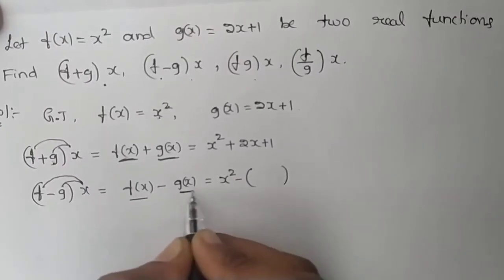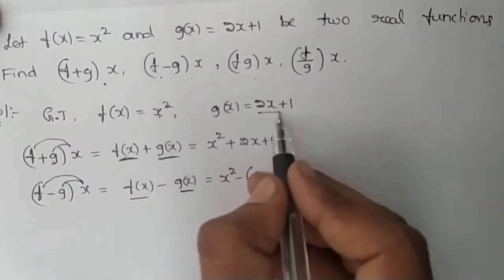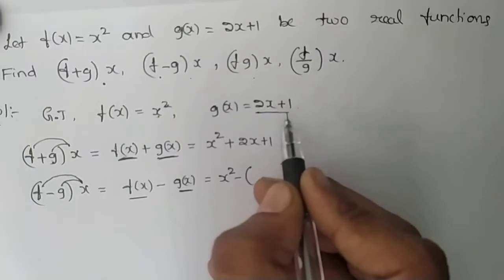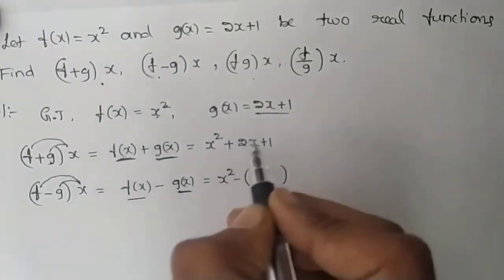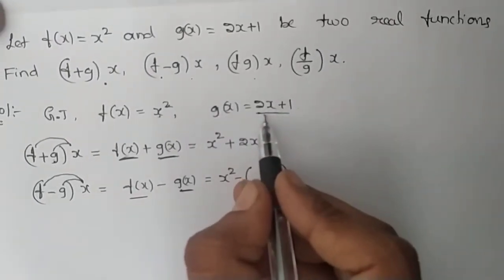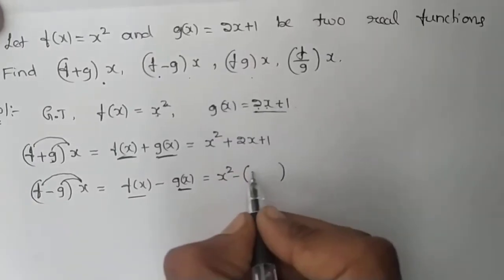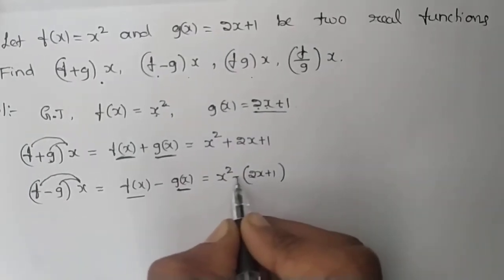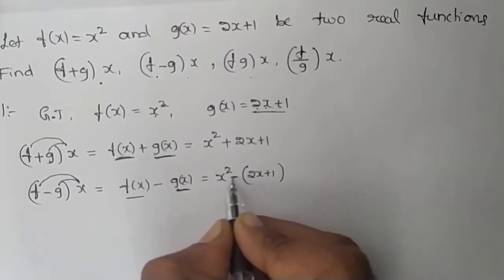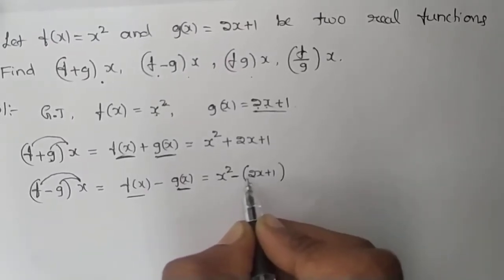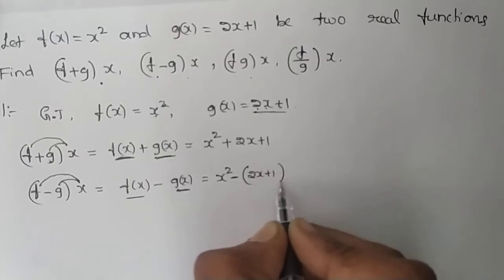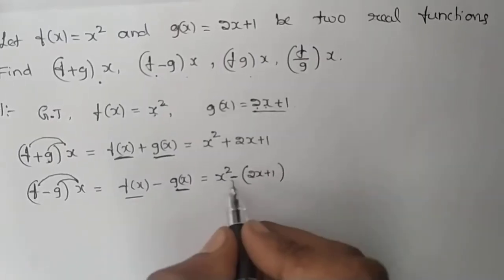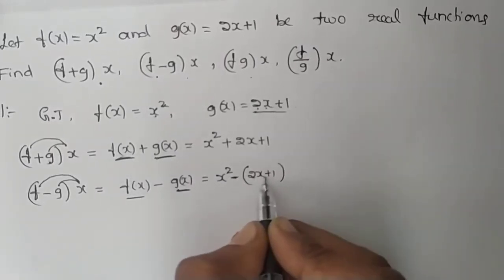In place of g of x, we have to write 2x plus 1. Be careful that if the minus is there, you put the values inside the brackets. x square minus of 2x plus 1.